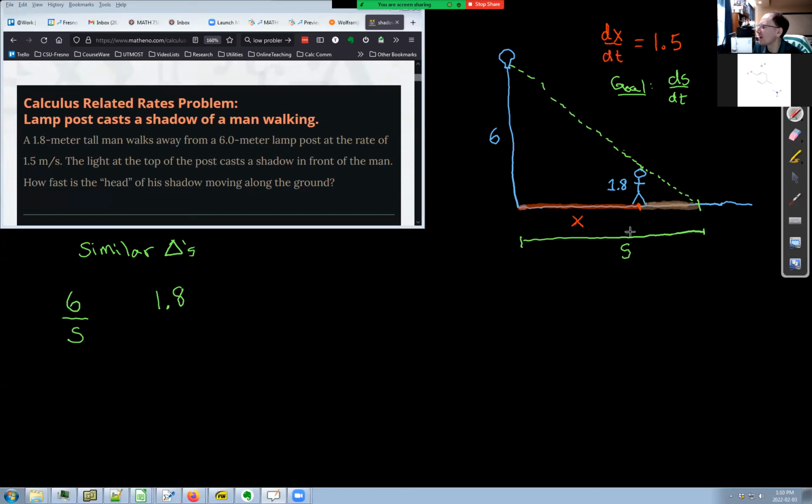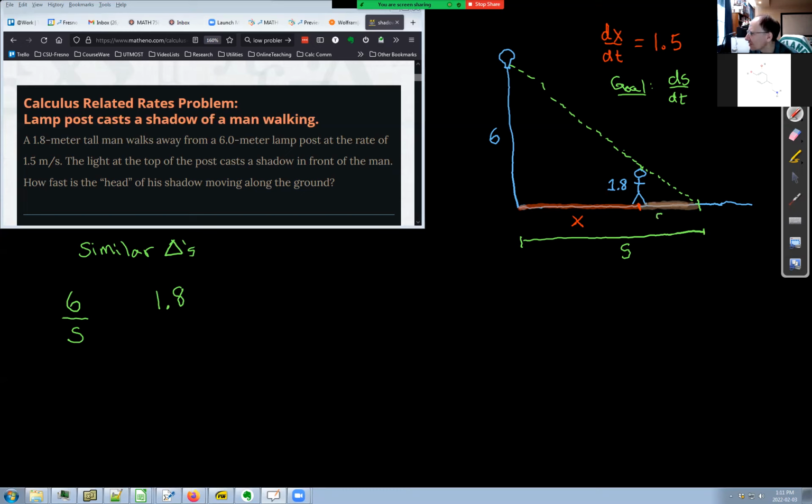So a much better idea is to think, is there any way to figure out what this distance is using s's and x's? And if you think about it, you actually can, because S is the entire horizontal distance here, and if I take away the red distance, then I'll get the shadow length.